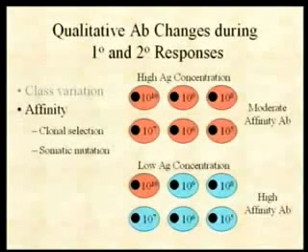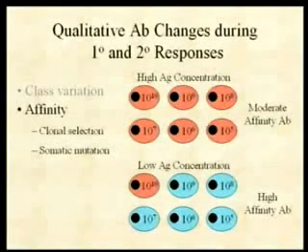The other reason why you get affinity maturation is due to somatic mutation. Upon secondary exposure to the antigen, the somatic mutation mechanism is activated, and we begin to introduce mutations in the immunoglobulin molecules.